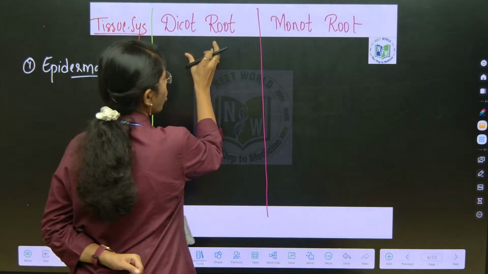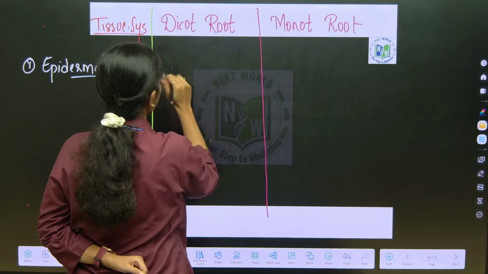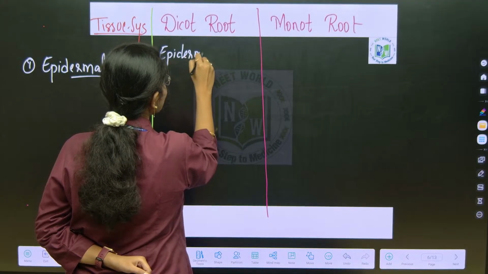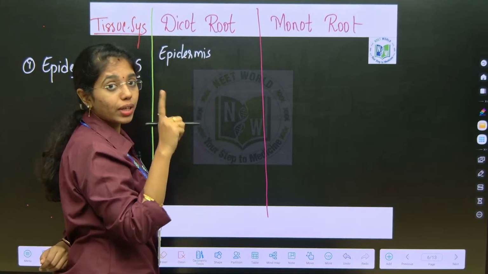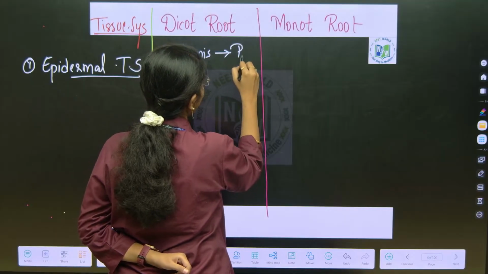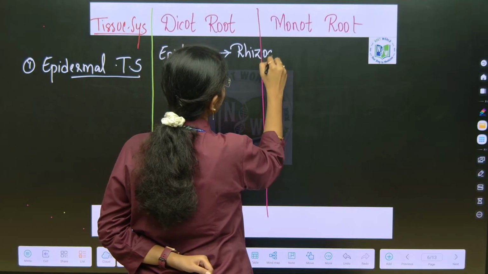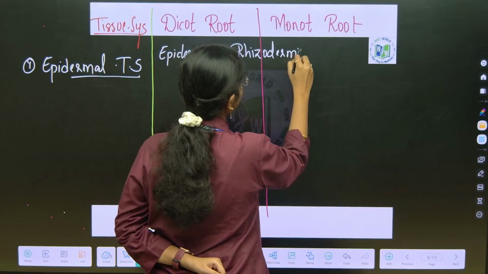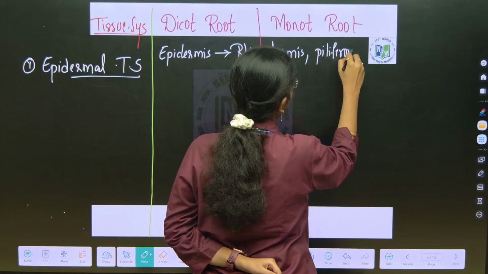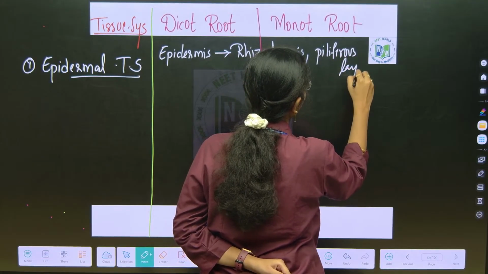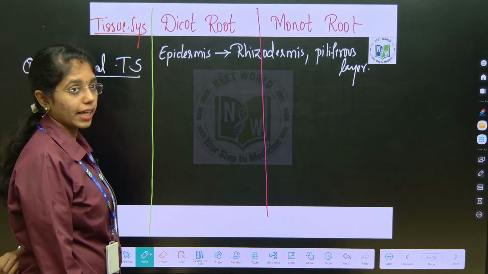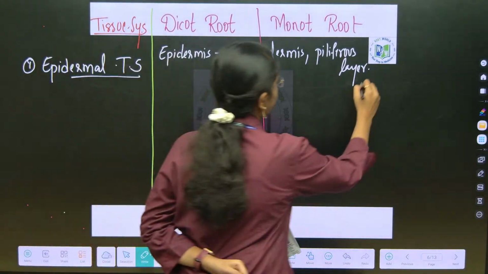In both dicot root and monocot root, it has only epidermis, which has elongated, unilayered cells, and this epidermis is also called rhizodermis, piliferous layer, and epiblema.